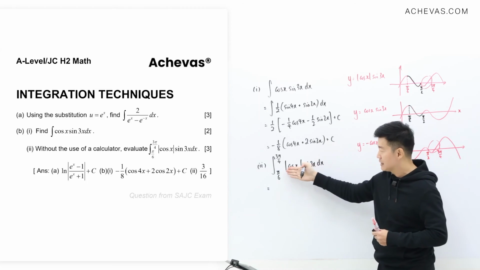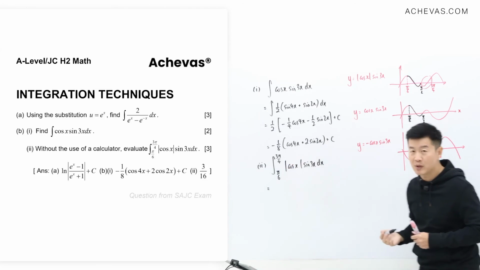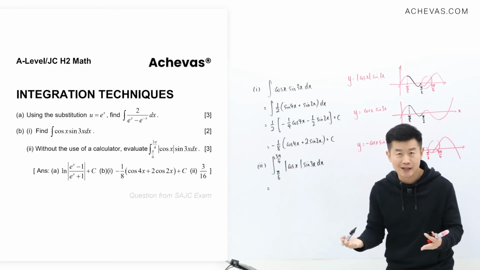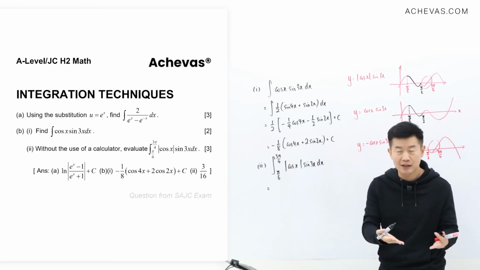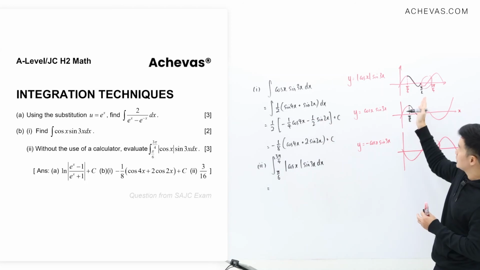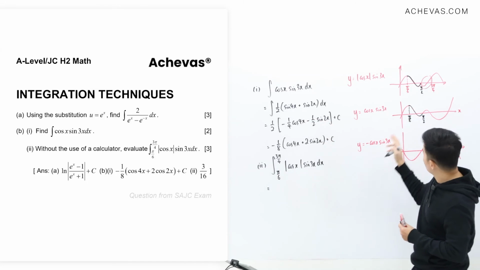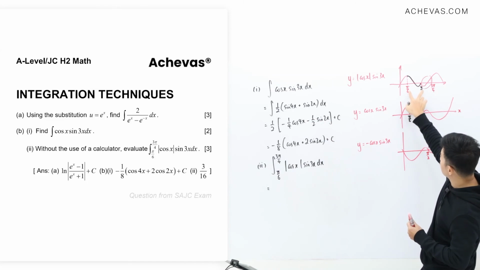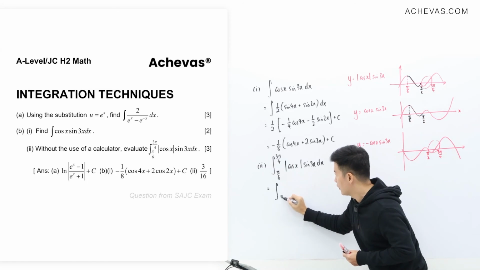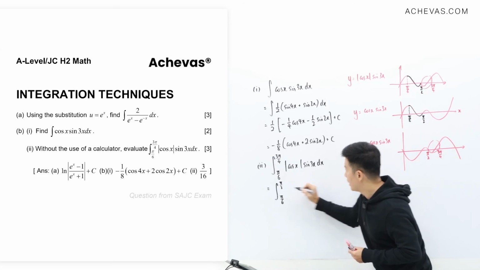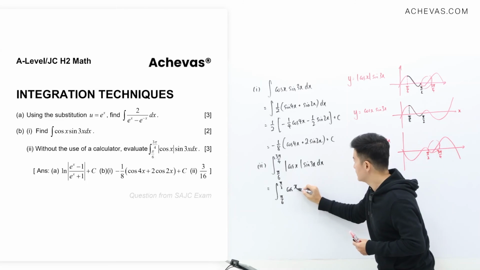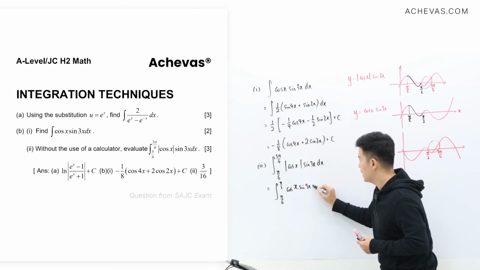Instead of integrating this directly from pi over 6 all the way until 3 pi over 4, which has a modulus which we cannot apply any of our integration technique, neither can I apply what we have in the previous part. But with a bit of improvisation like this, using our graph, we know that this first portion here can be simulated by integrating from pi over 6 to pi over 2 of cosine x, then sine 3x.